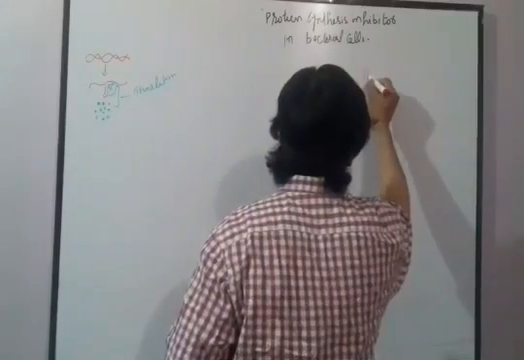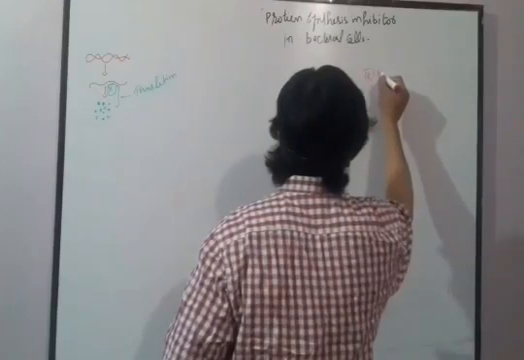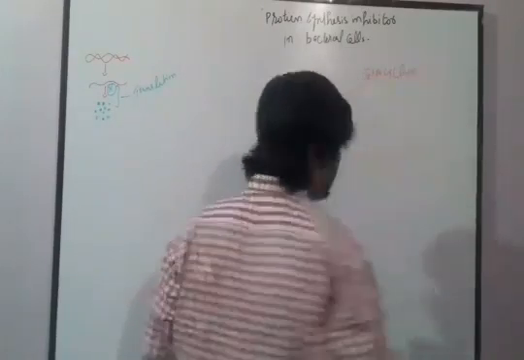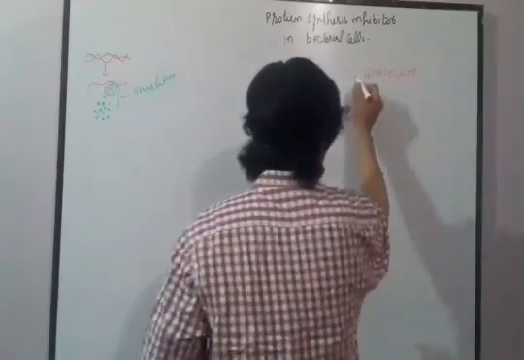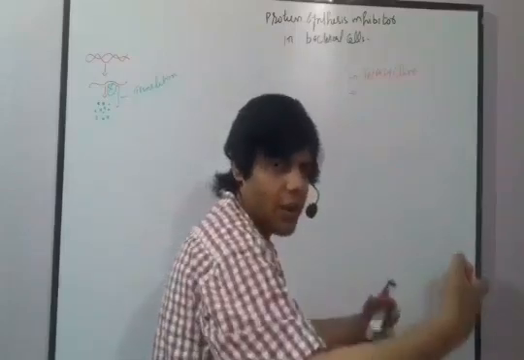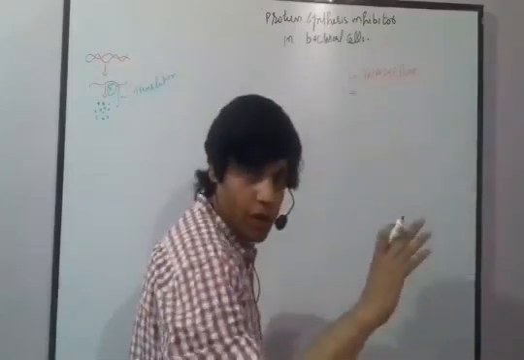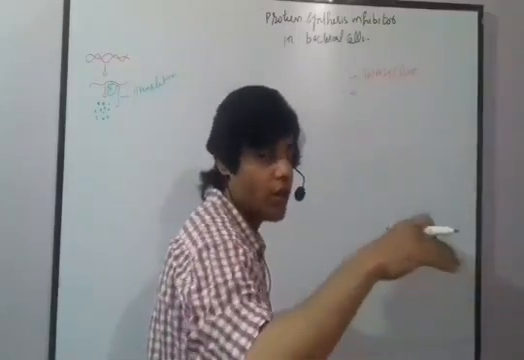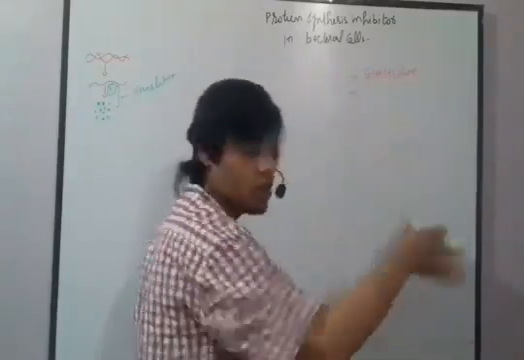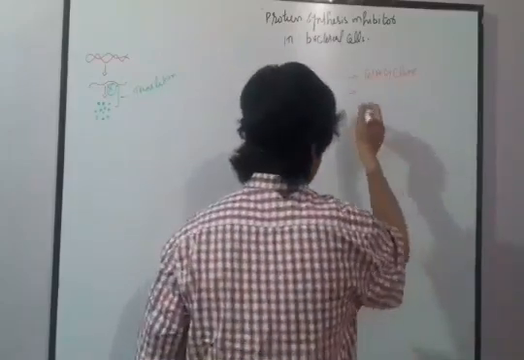These drugs are tetracycline, which is the first drug. This is the name of the group, and there are some drugs within the tetracycline group. Inshallah, we'll be talking about them in the next video lecture.